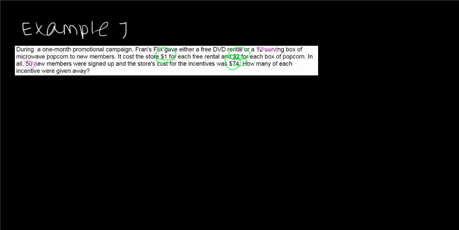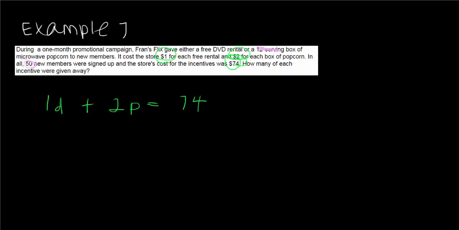I'm going to set up a money equation. Now watch what I'm about to do, something creative. I know that there are $1 DVDs, and I know that there are $2 popcorns, and altogether we spent $74. Notice I didn't use X and Y. I could have, but if I used X and Y, when I got to the end I would solve for X and solve for Y, and I would have to figure out what X represented.